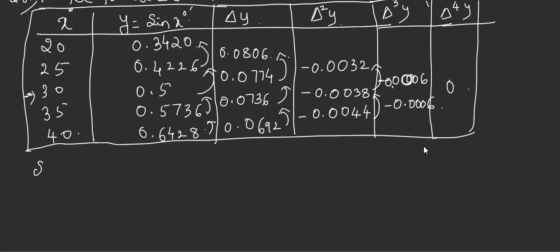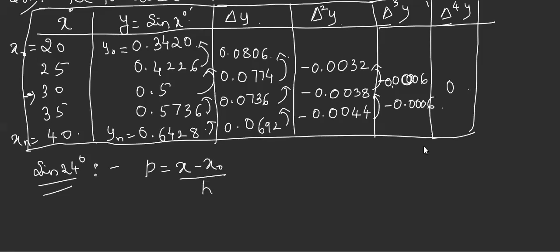First, we cannot find both together because the formulas are different. So let us first find sine of 24. We have to use forward. For that, what is the value of P? This is x naught, this is xn. This is y naught, this is yn. The P formula is x minus x naught by h.